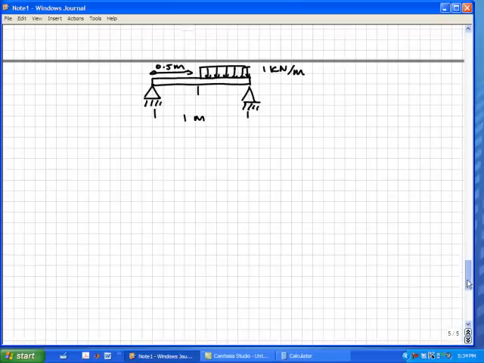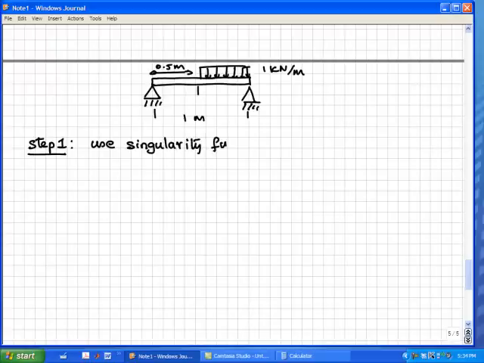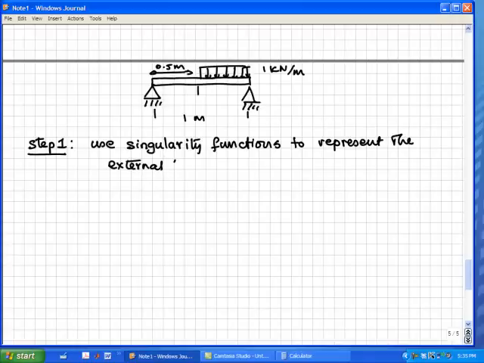So step 1: use singularity functions to represent the external load between the two supports, between the two ends.